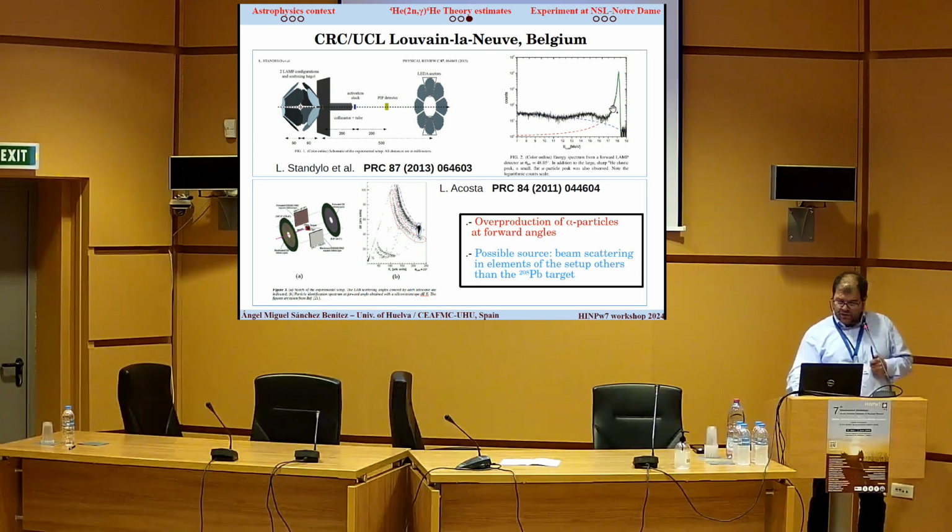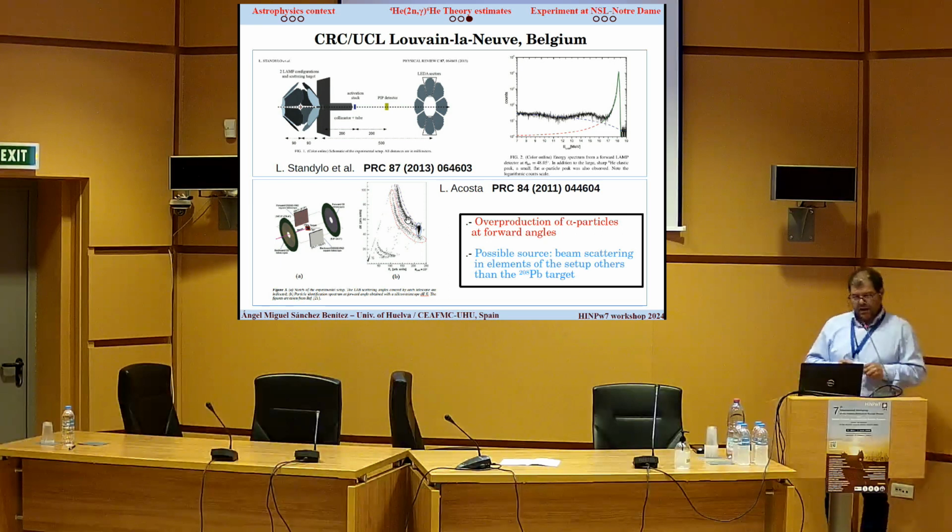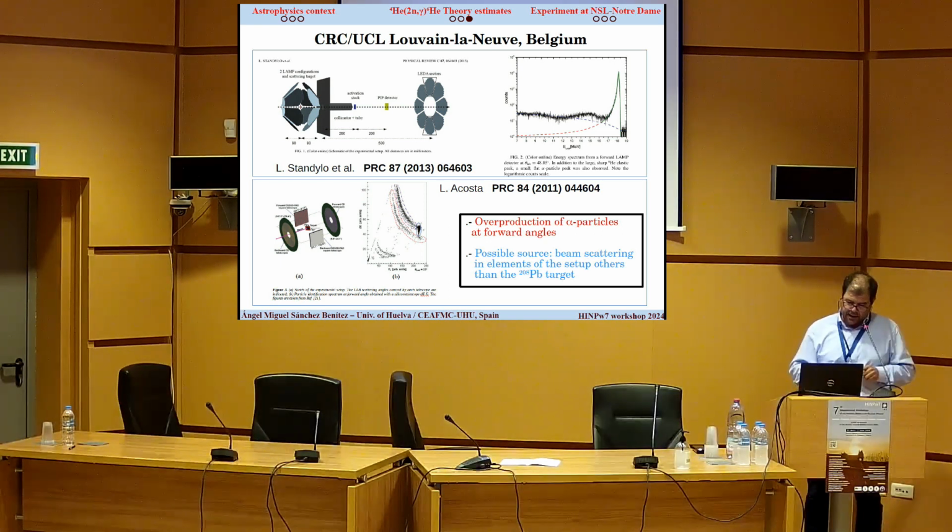We have here the spectrum at forward angles, and we have this bump, and here we have the detection system. We could see helium-6 and then a lot of helium-6, so probably we were getting some scattering in places other than the lead target.